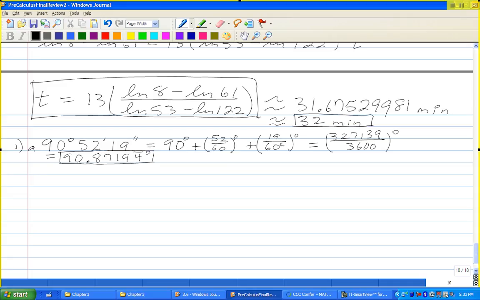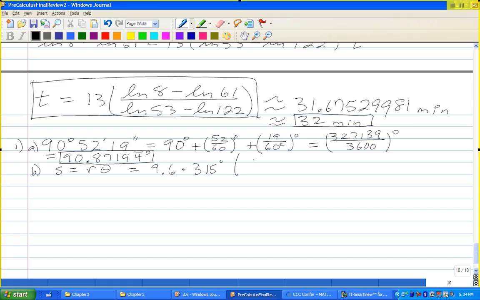Oh, that's A. B. Find the length of the arc of a circle whose radius is 9.6 inches, subtended by a central angle that measures 315 degrees.